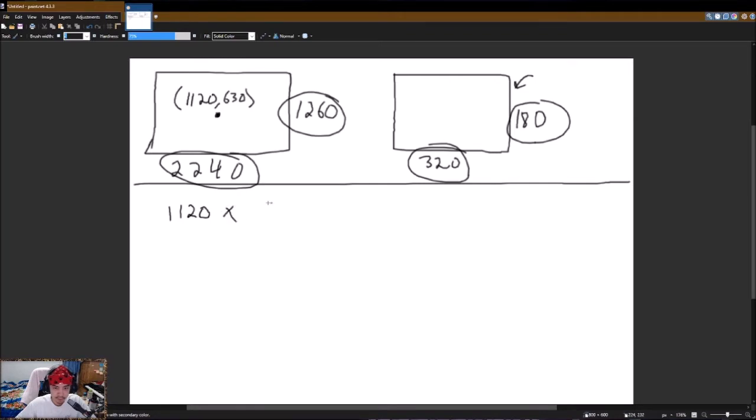Well, you just use 320 over 2240, and that would give you the half point of 320, which is 160. And then you do the same for 630, 180 over 1260, which is half of 180, which is 90.